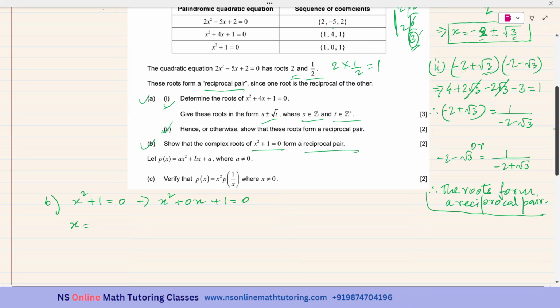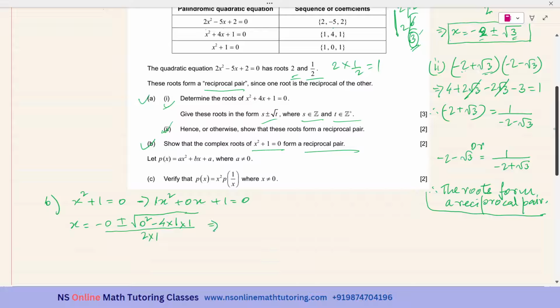So x is equal to minus b, so minus 0, plus or minus square root of b squared, so 0 squared, minus 4 times a c, a is 1 and c is 1, over 2a, so 2 times 1.